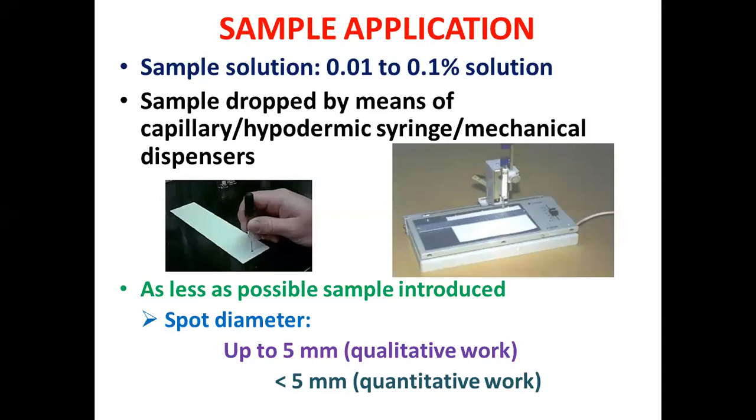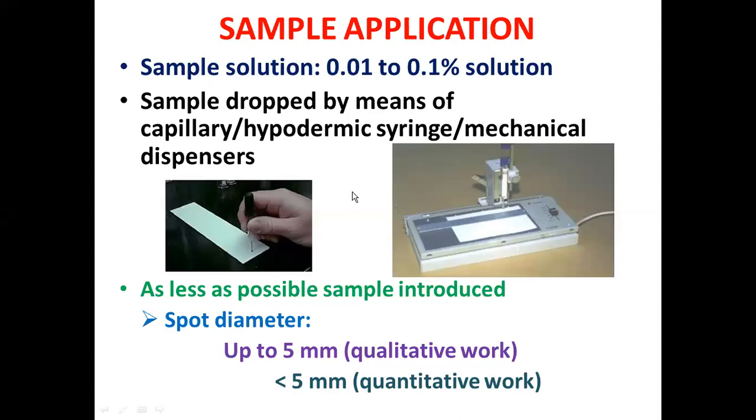So you have a TLC plate, and you will create an imaginary line at one corner. At the origin, you have to place a drop of the sample you prepared earlier. This will be done either by means of a capillary or a hypodermic micro syringe. That's what I have put here, two diagrams. One is a capillary and the other is a hypodermic micro syringe, employed to drop the sample.